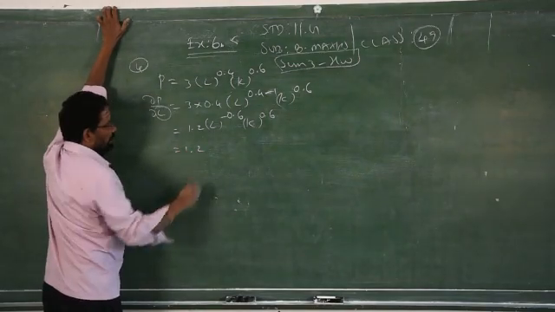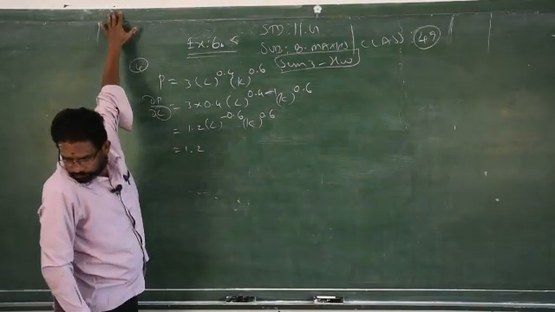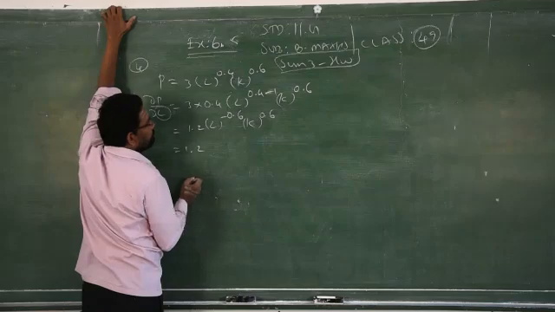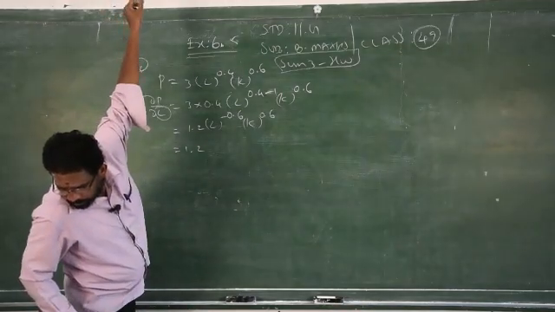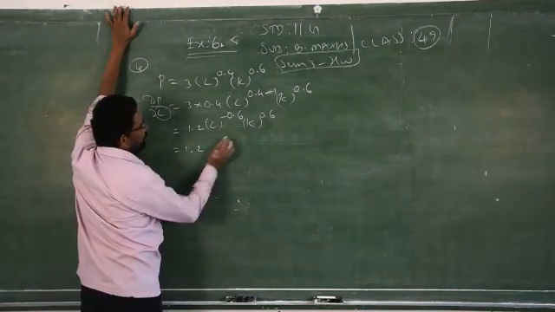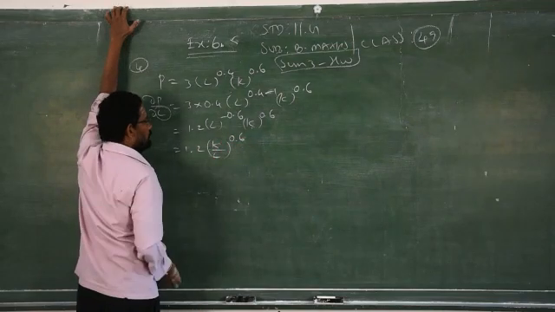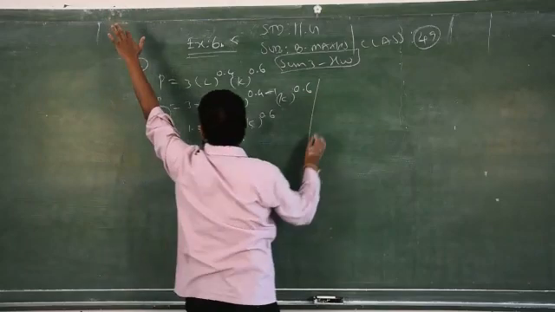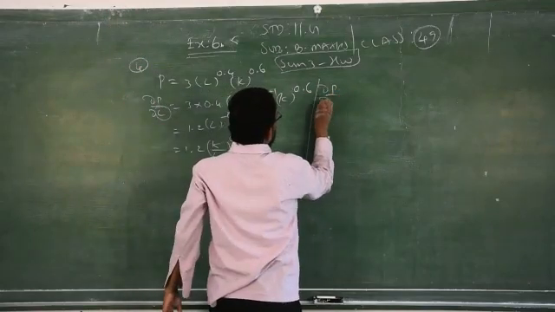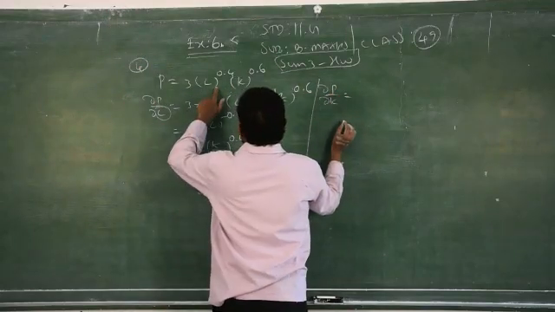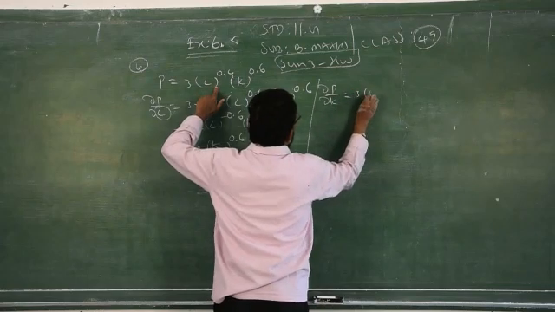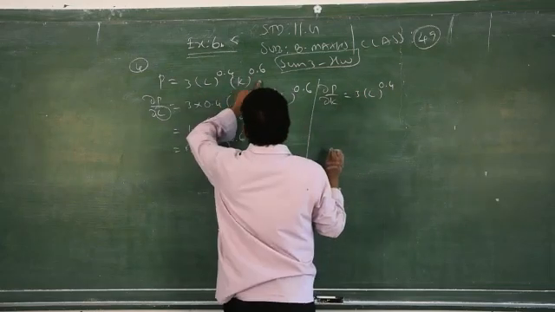So you can rewrite it, so you can write K by L power 0.6. Similarly, you have to find ∂P/∂K, which is 3L power 0.4.